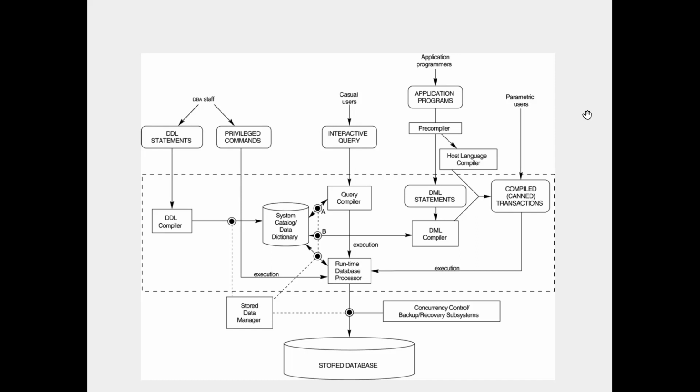There could be programmers. There are parametric users, which means general users who use the system. So likewise, you can see many can access the database, but they access it in different ways. For example, database administrators can use SQL statements to directly access it.